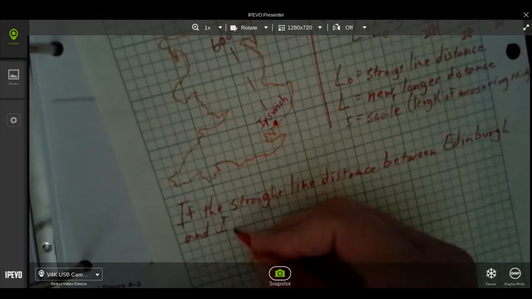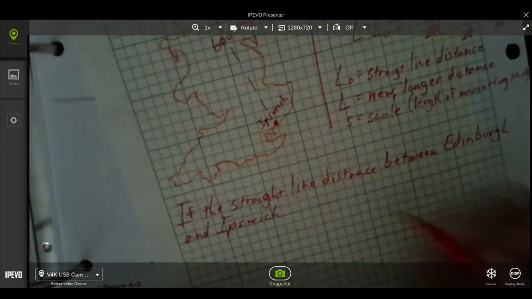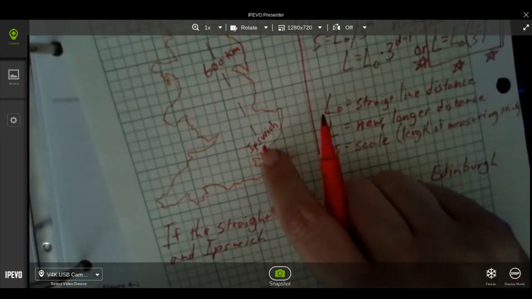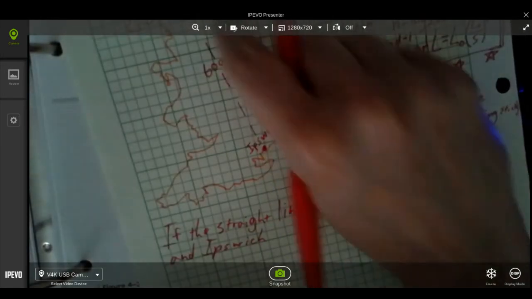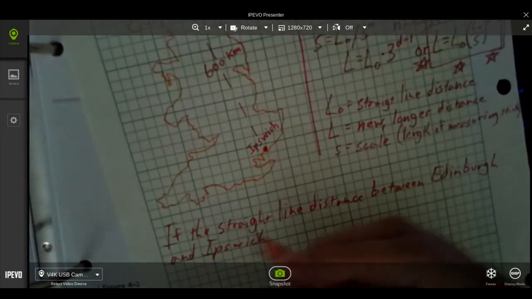And I choose these two cities because they are along the coast. You want to choose two cities that are along the coast because I'm looking at this line right here. I want something that's on the line. All right, so that's why they're on the coast.